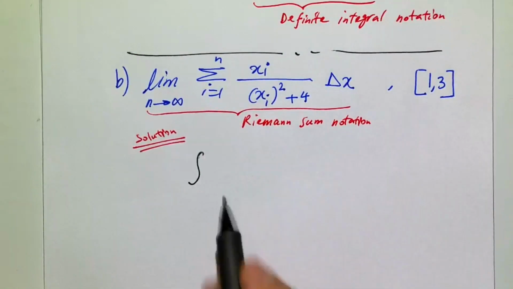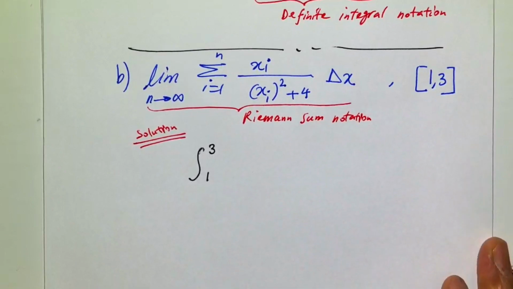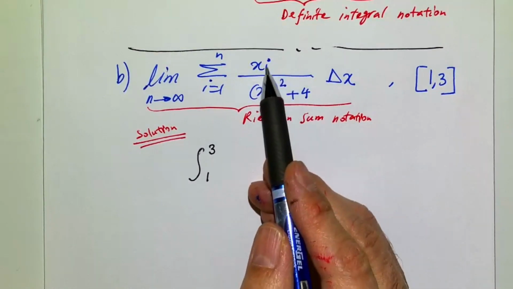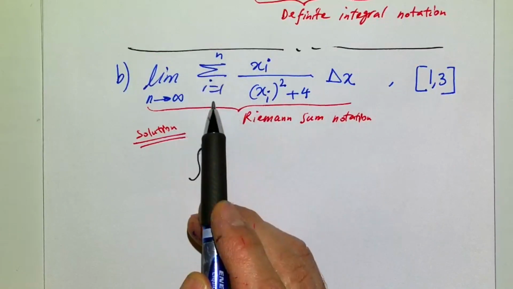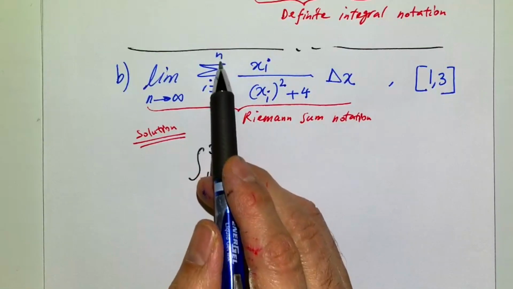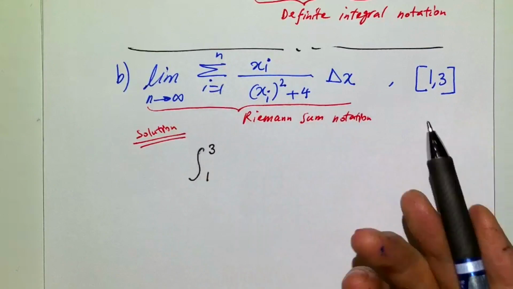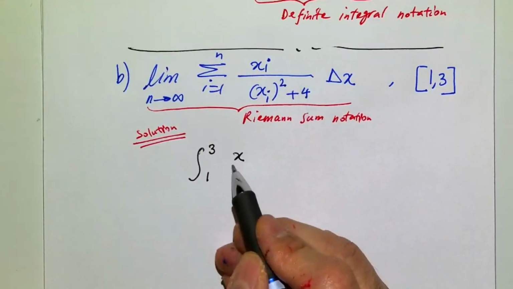The lower limit of the definite integral is 1 and the upper limit is 3, of this function without the sub i's, because the sub i's are connected to the lower and upper limit of this sum, the range of this sum. We don't need that anymore, so we simply say x divided by x squared plus 4.